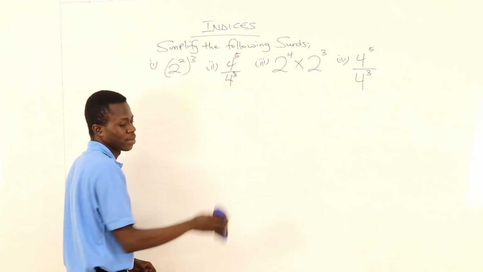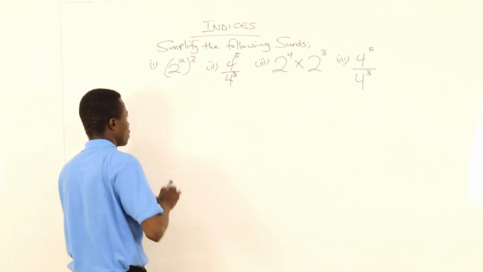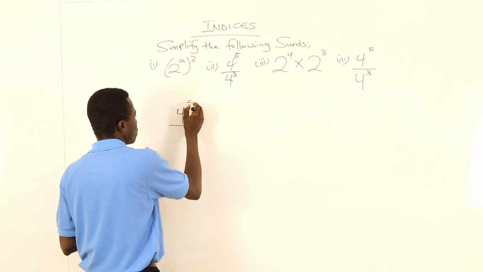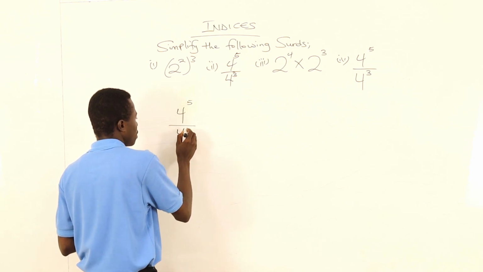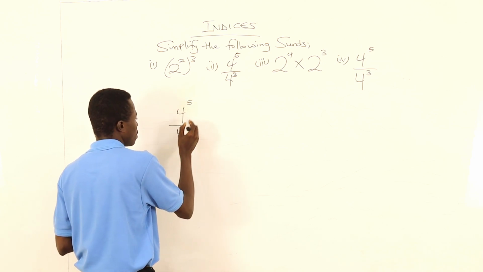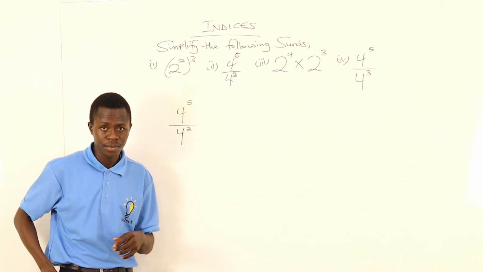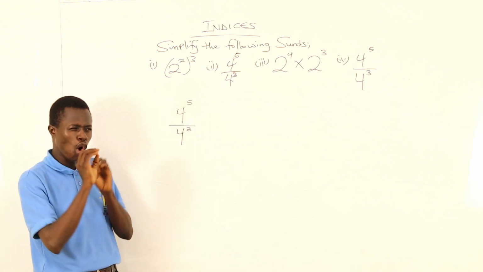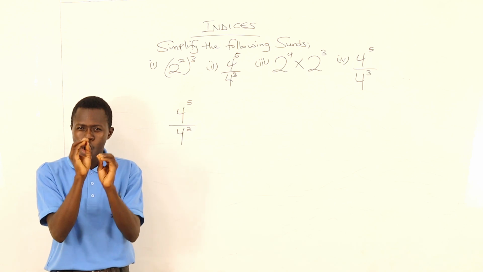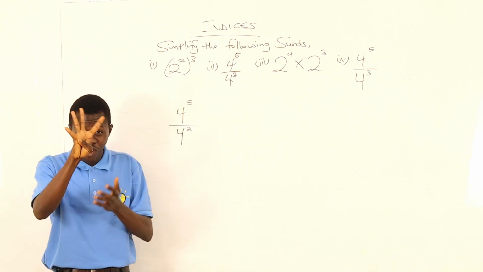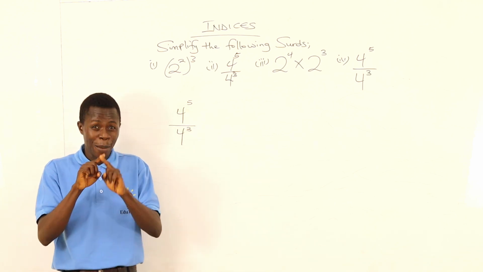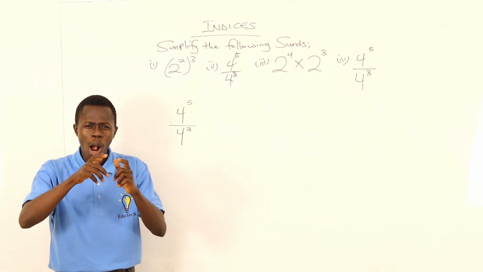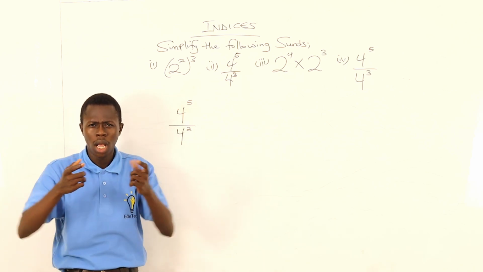Now the last example. 4 to the power 5 divided by 4 to the power 3. When you observe it clearly, you can see 4 again.